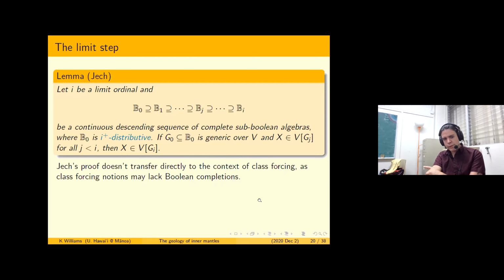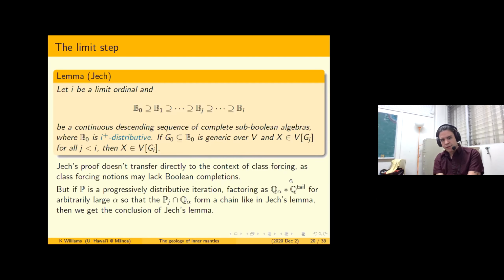So the way we got around this restriction is we noticed that we could reduce our problem to the lemma. Specifically, if we have a progressively distributive iteration where we can factor it with a sufficiently distributive tail, then if we just look at the intersection with the set-sized pieces, these are set forcings.